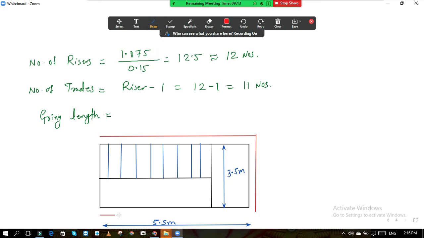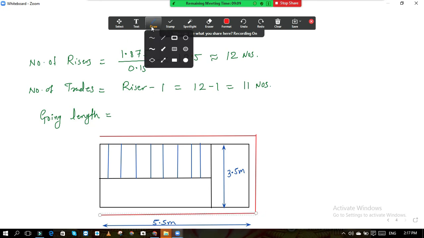We have drawn the wall because in the numerical no condition is given regarding the support. Let us assume that the thickness of the wall is 300 mm, so it is 0.3 meter.